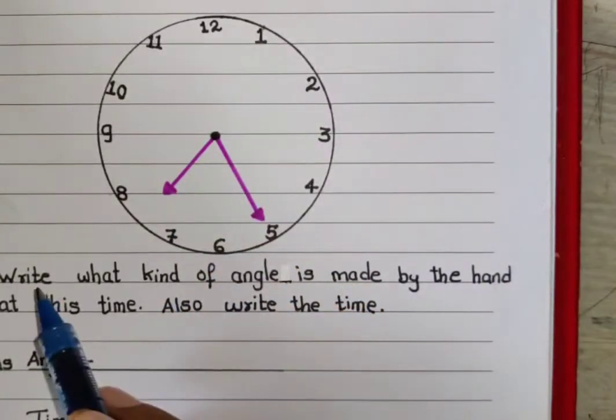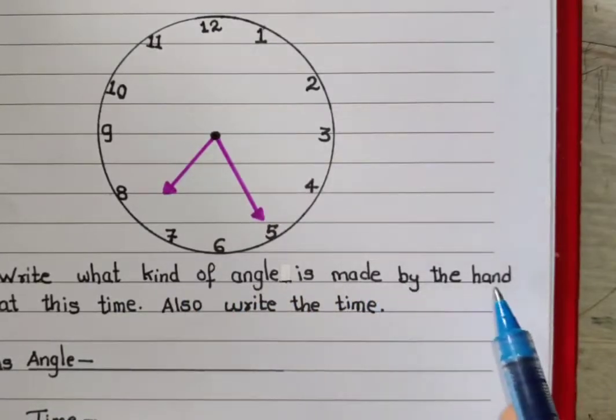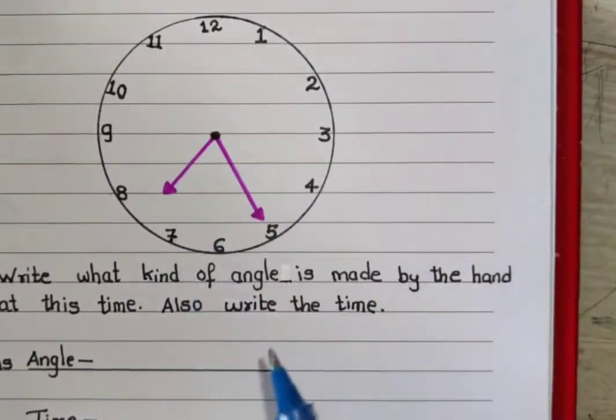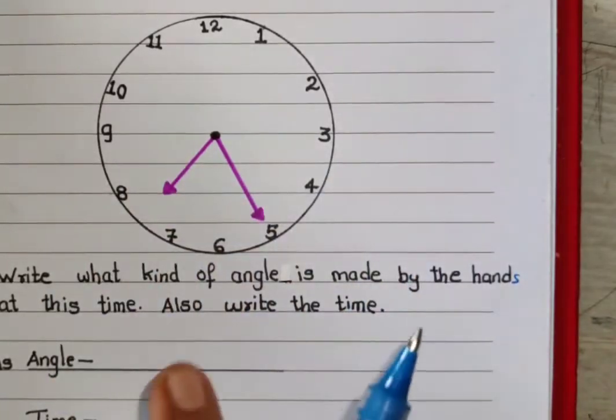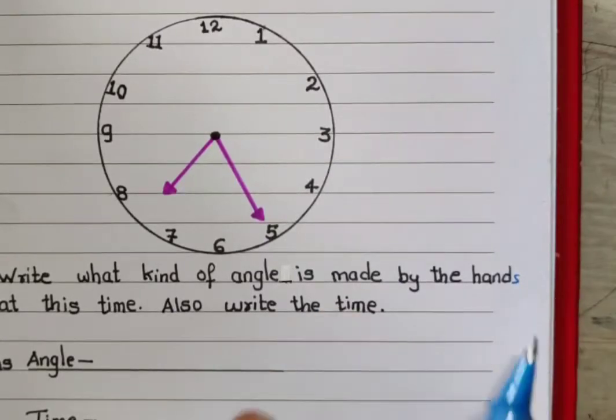So here it is written, write what kind of angle is made by the hands at this time. As the time changes, the angle changes. It may be 90 degrees, it may be more than 90, that is obtuse, or it may be less than 90, that is acute. So you have to identify that.